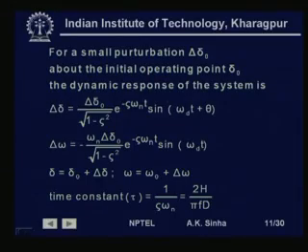The solution for the linear dynamic equation that we had can be written in this form: delta at any time t, the change in the angle from delta 0, is equal to delta 0 divided by root over 1 minus zeta square, e to the power minus zeta omega n t, into sine of omega d t plus theta. This gives us the change in delta from delta 0.